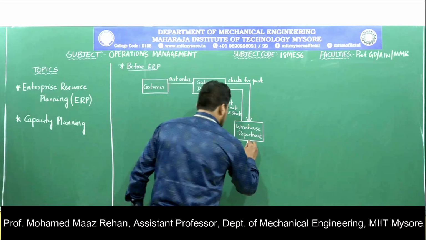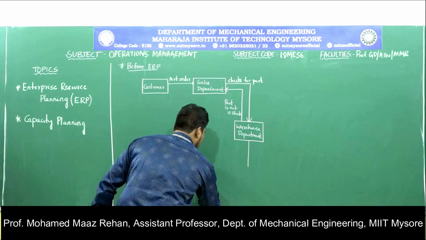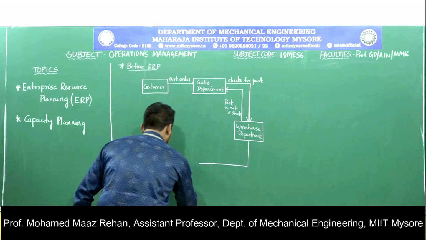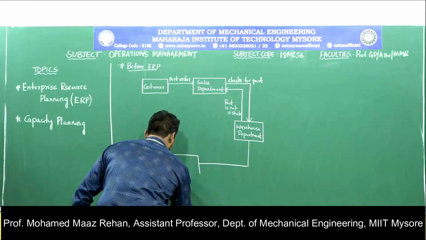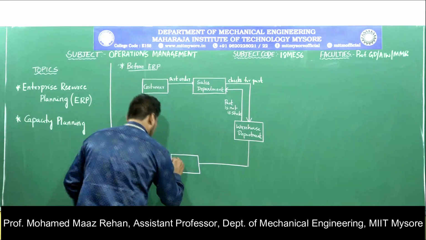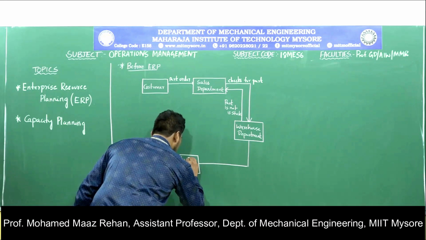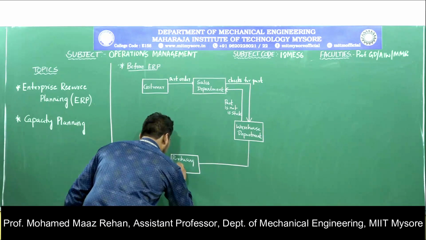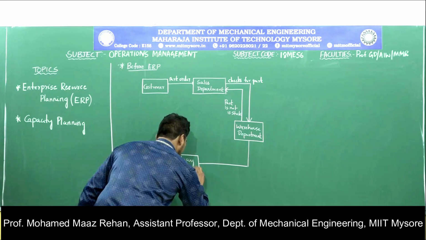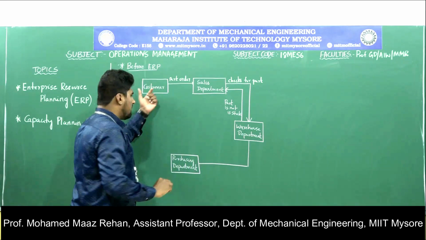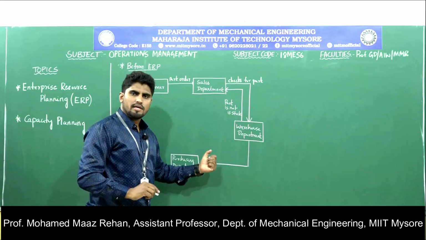Again from the warehouse, they will inform the purchasing department that a customer has ordered so and so product, and that this particular product is not available in the warehouse.